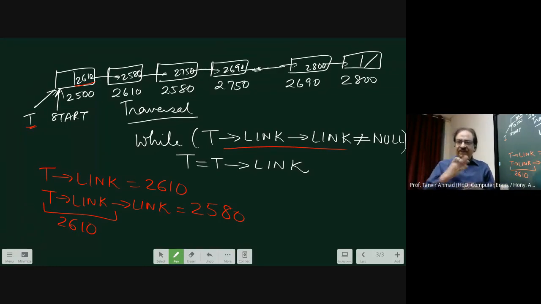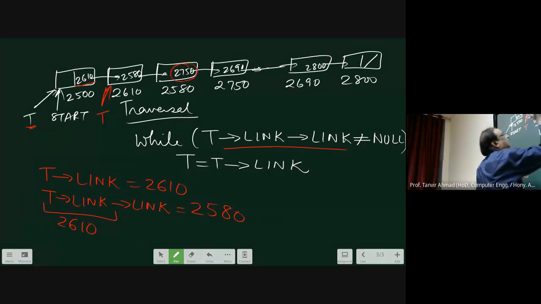Therefore, you are at the first node, but checking the link part of the second node. By this method, what will happen? You will be moving the T from the first node to the second node. Now, when I am at this place, I am checking this part. When I am at this place, I am checking this part. Similarly, when T is at this place, it is checking this part.